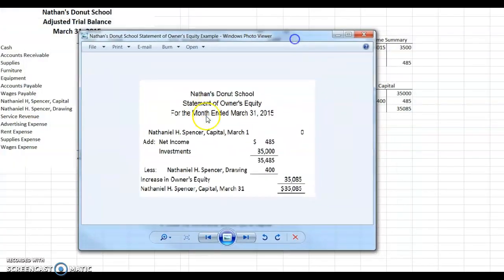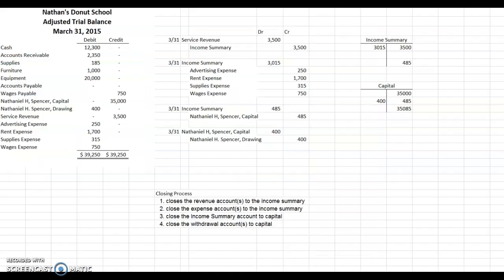And if we go back and look at our statement of owner's equity for the month ended March 31st, 2015, our ending capital is also $35,085. So you can see as we move through the accounting process how all of these items tie back.